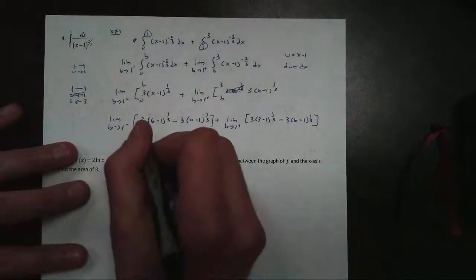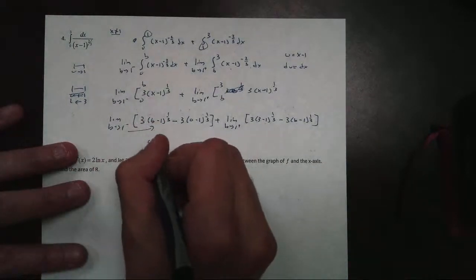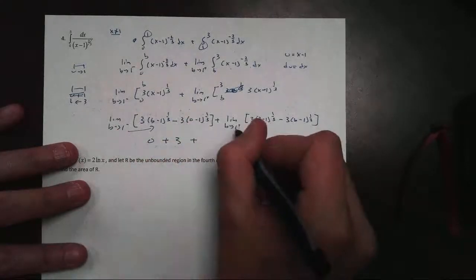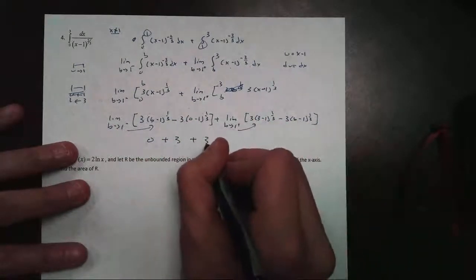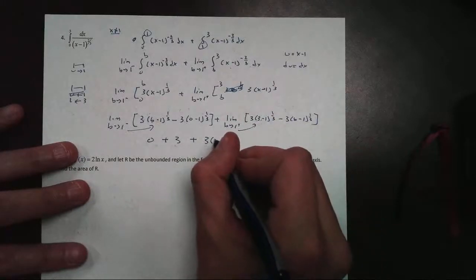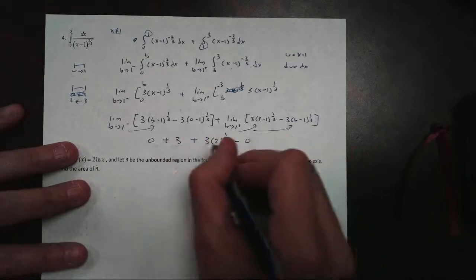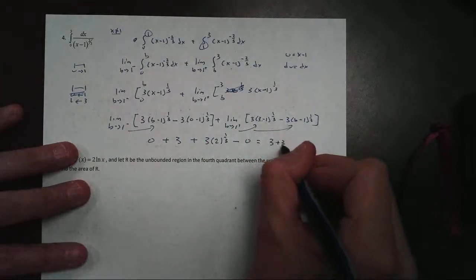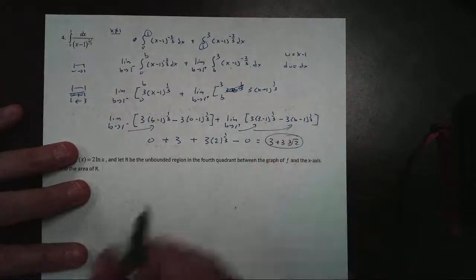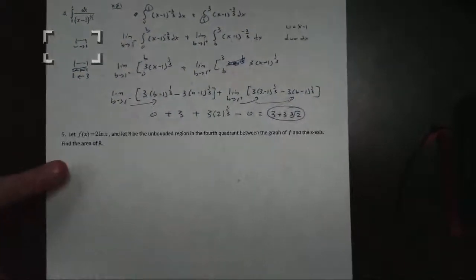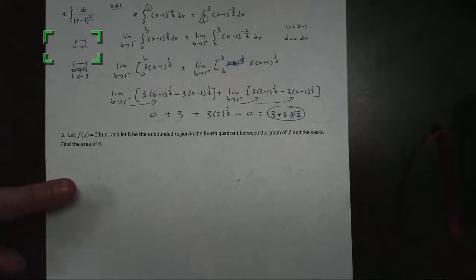And we're going to simplify a little bit. Just let b go to 1. I get 0. This just becomes plus 3, plus over here, that does nothing. That just leaves me 3. That becomes times 2 to the 1/3 minus, and that just becomes 0. So we're left with 3 plus 3 times the cube root of 2. Very ugly. All right, go to part 2, and we're going to take a look at a problem that involves everything we have learned so far.